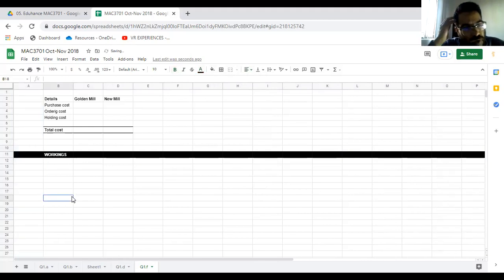Okay, so now let's have a look at the various calculations. So what you want to do first is try to get the purchase price. So what do they use? They say UB's centralized procurement function is fully responsible for all the wheat flour inventory management.